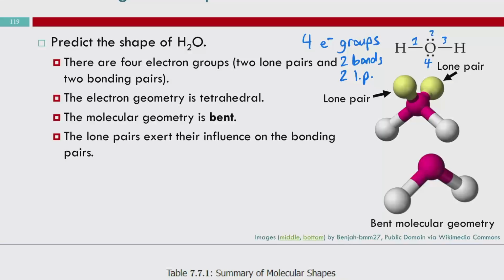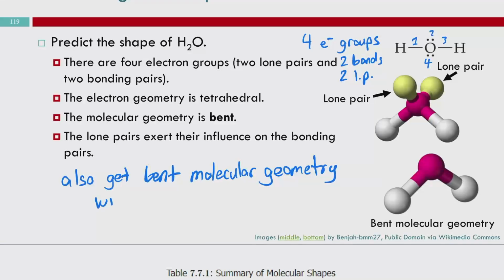We can also get bent molecular geometry with 3 electron groups when one is a lone pair.